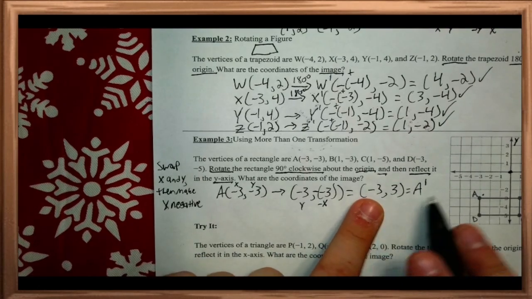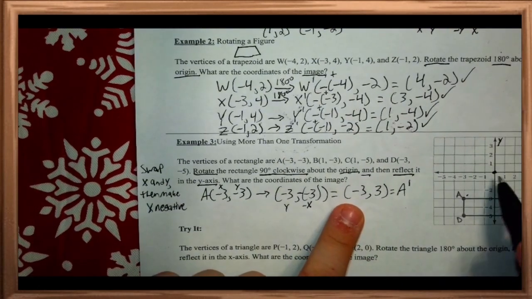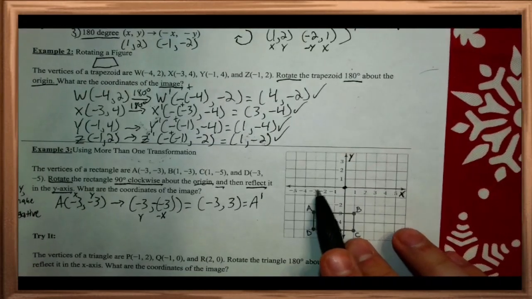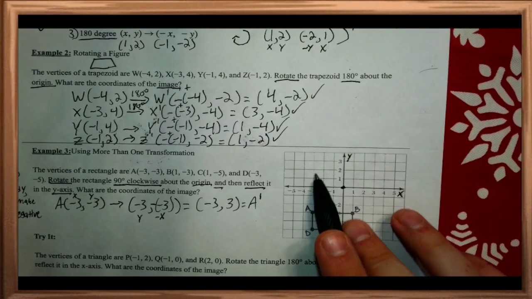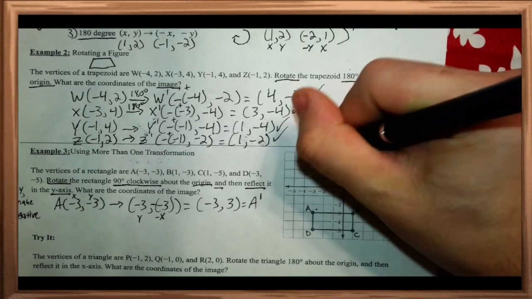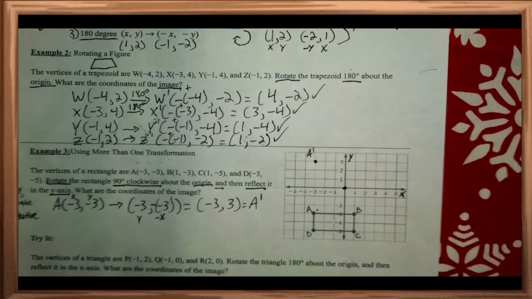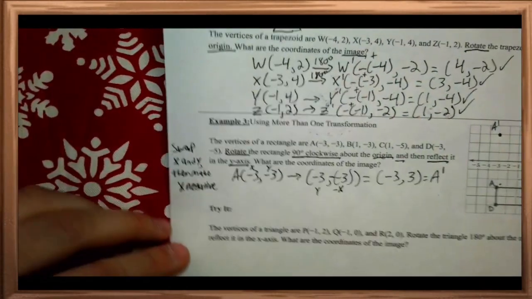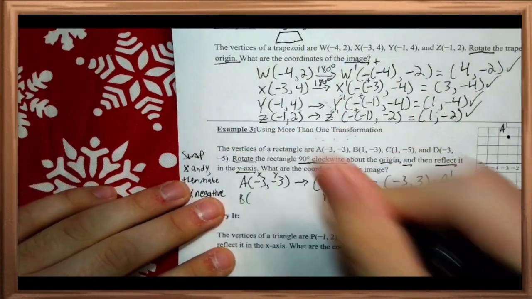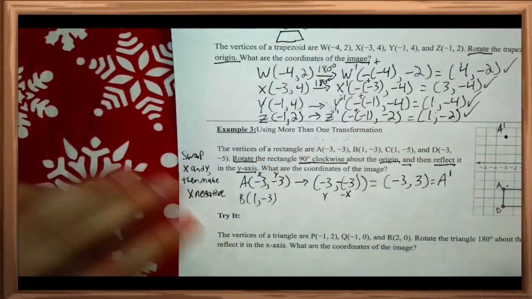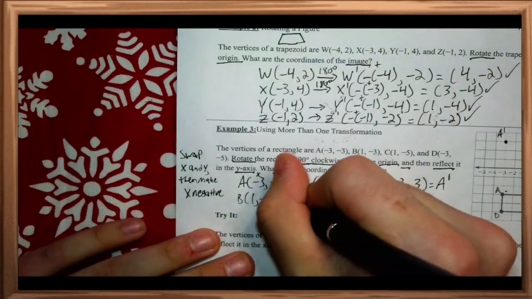And if we graph that, negative 3, 3. So negative 3 on here on the graph. 1, 2, 3. Positive 3. 1, 2, 3. There's A prime right up here. All right, let's go to B. B, we have 1, negative 3. So 1, negative 3. We're doing the process, right?